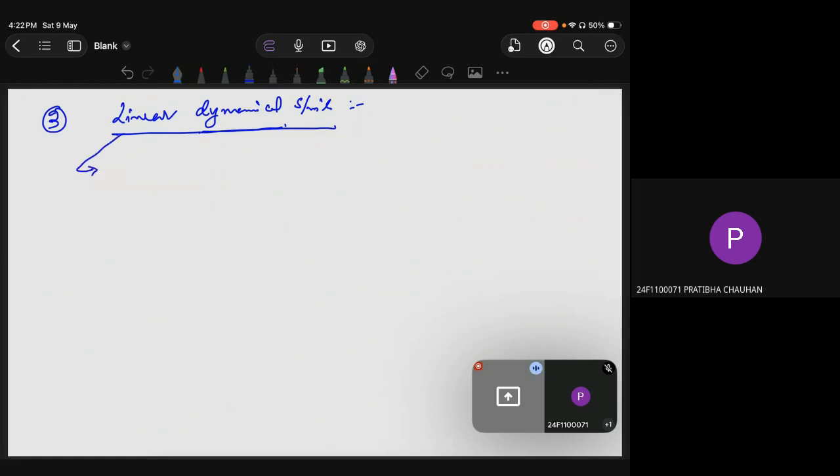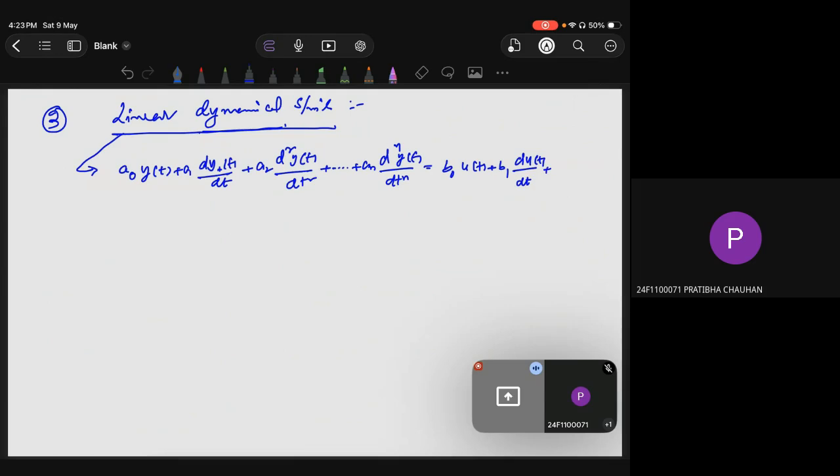In general, if a system's mathematical model is like this: a0 y of t plus a1 dy of t by dt plus a2 d square y of t by dt square plus etc. plus an dn y of t by dtn, equal to b0 u of t plus b1 du of t by dt plus etc. plus bm dm u of t by dtm.